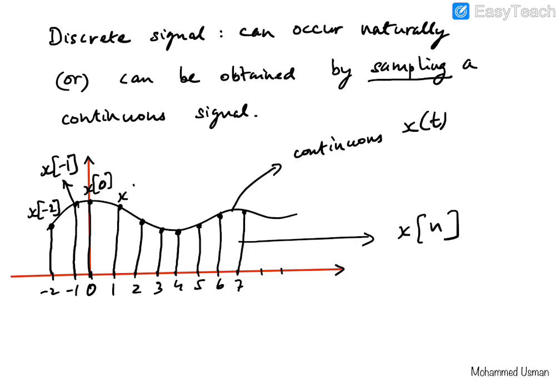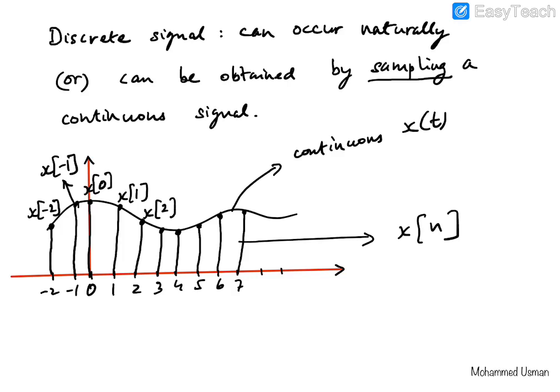And the next one would be x of 1, because the index here is 1. And the next sample would be x of 2, and so on. So that is how we represent and denote each of the samples.